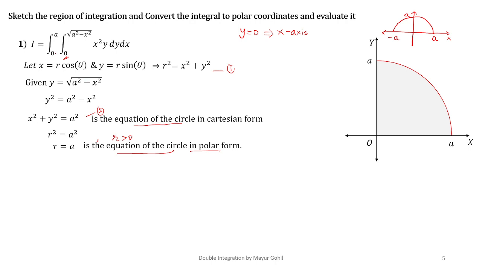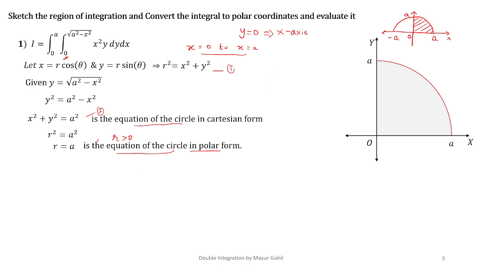Now the limit of x, going from x equals 0 to x equals a, which are the projection limits in the outermost integral, pushes the entire region to be focused only in the first quadrant. This is the region we are supposed to shade. Okay, this is what has happened. x is going from 0 to a.